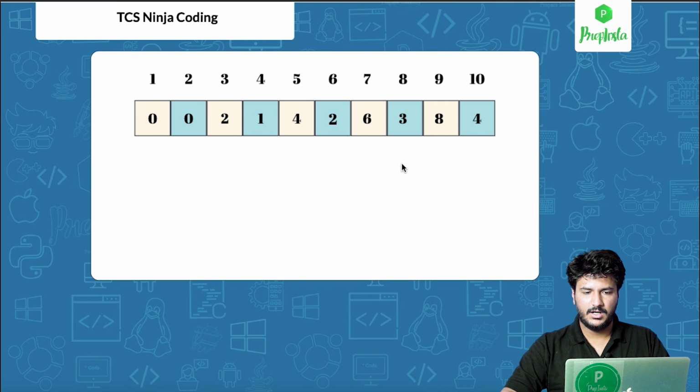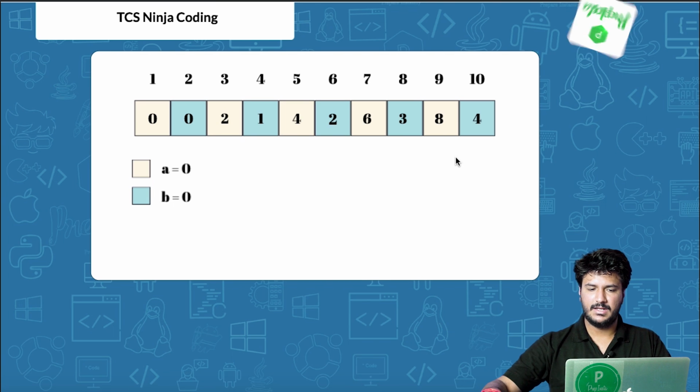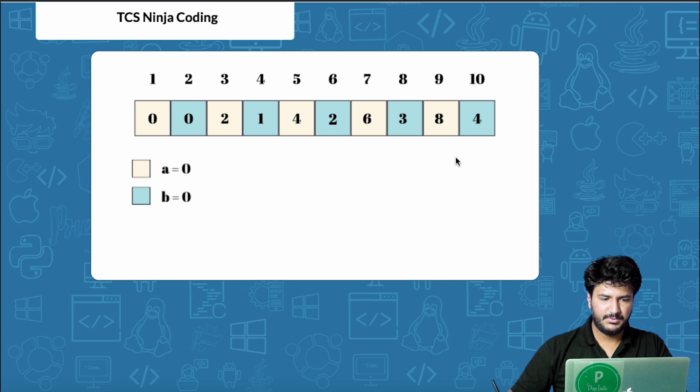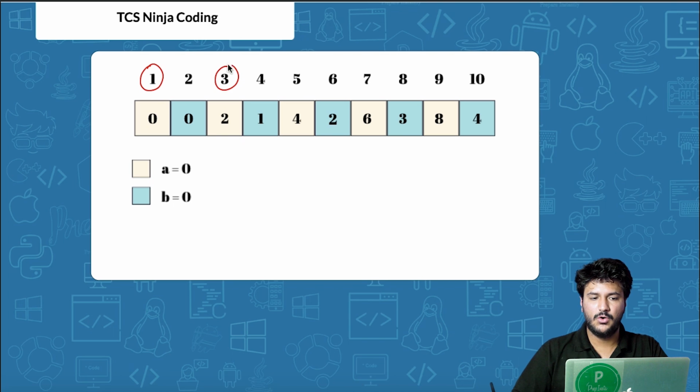Okay, so here for better representation, we've put all of these number series here, right? So what we are doing essentially here is this number series 0, 0, 2, 1, 4, 2, 6, 3, 8, 4, right? So what is happening here, if you only look at the odd positions, that is 1, 3, 5, 7, 9.